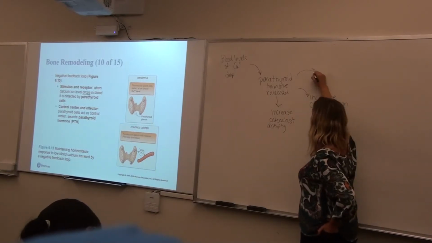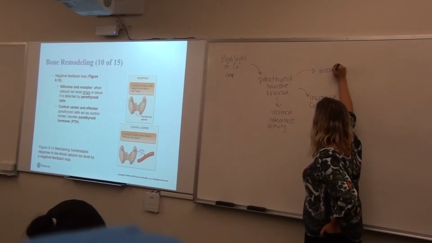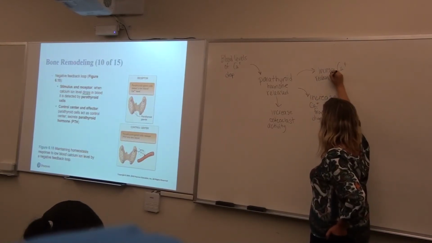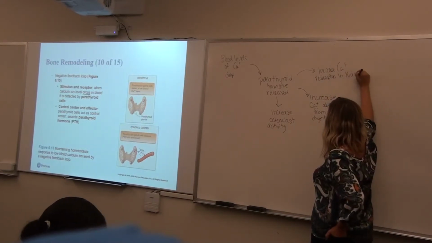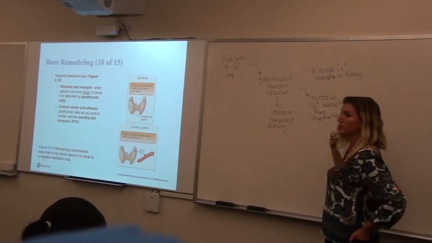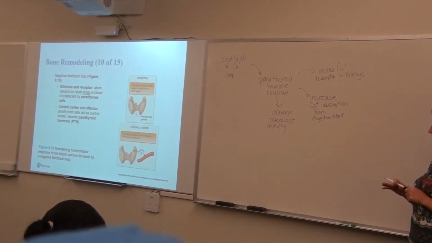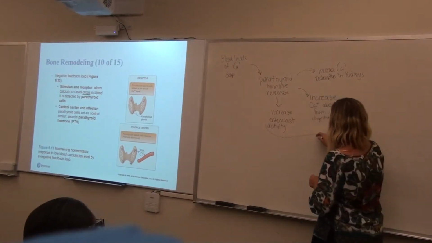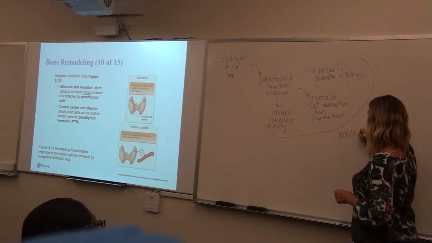And parathyroid hormone is also going to increase calcium reabsorption in the kidneys. So basically saying, hey kidneys, please don't pee out my calcium, I need it, right? So all of these things are going to raise blood calcium levels.